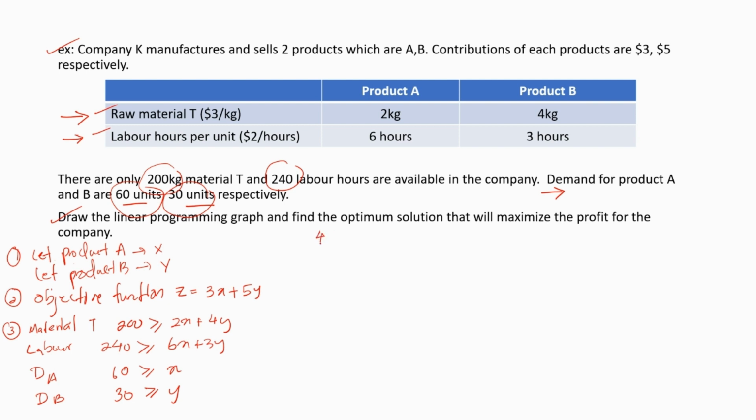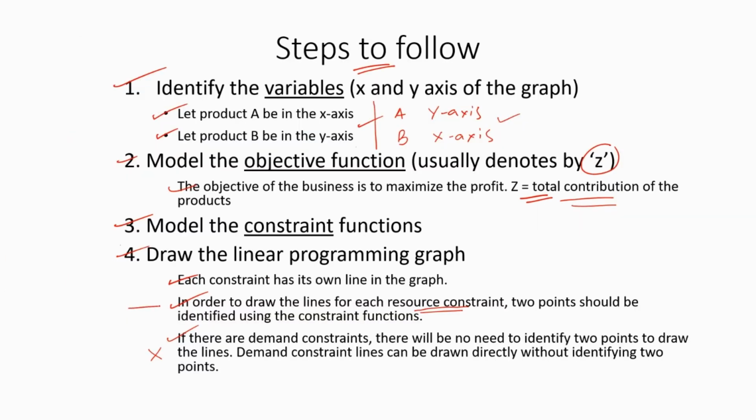Now the fourth step. This is where we have to identify 2 points for each resource constraint. Let's go back to the fourth step. Here, as you can see, in order to draw the lines for each resource constraint, 2 points should be identified using the constraint functions. And if there are demand constraints, there will be no need to identify 2 points to draw the lines.